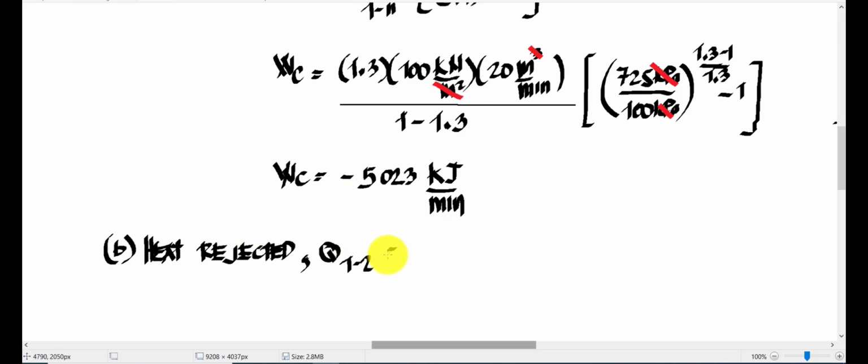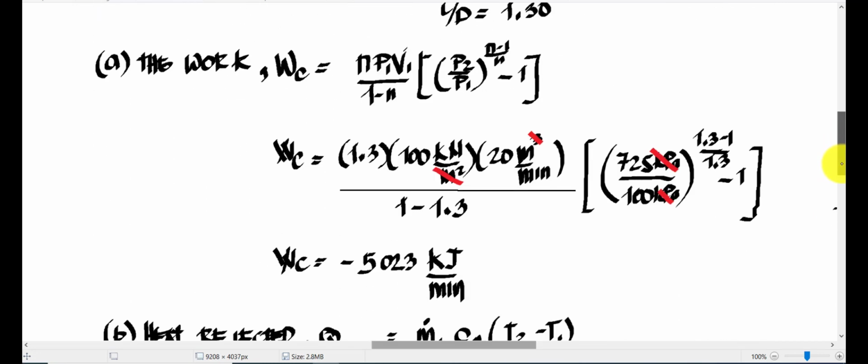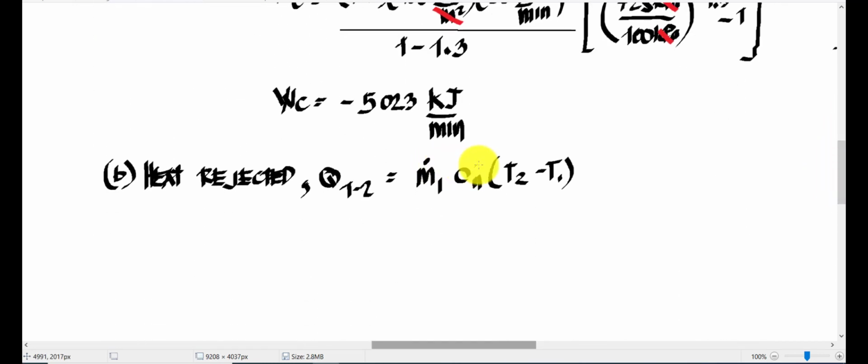That will be equal to the mass flow rate times the Cn, times the change in temperature from point 2 to point 1. So let's evaluate the equation. We don't have the mass flow rate given in the problem. We don't have the Cn, or the specific heat at a constant n. And we also don't have the temperature, that is also unknown. So we have three unknowns in the problem.